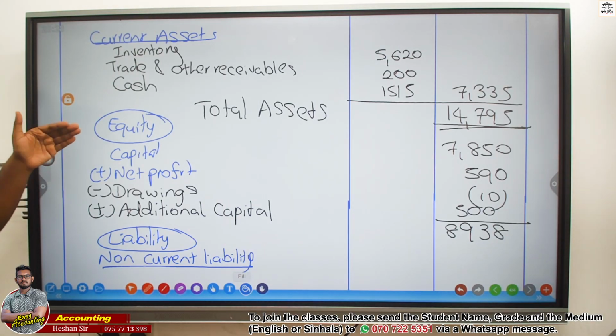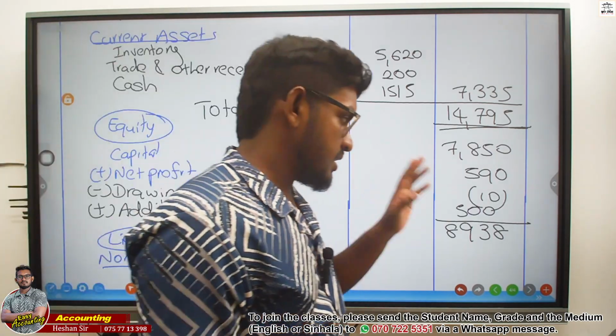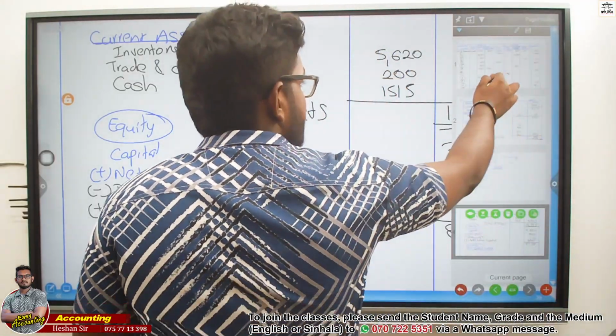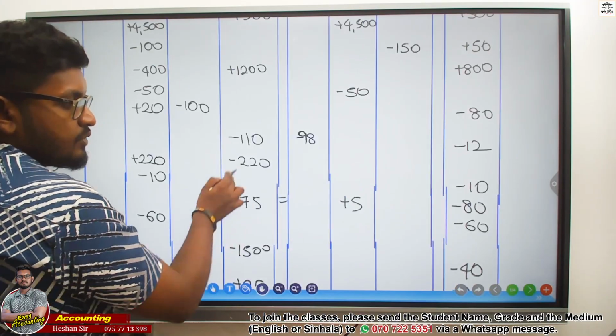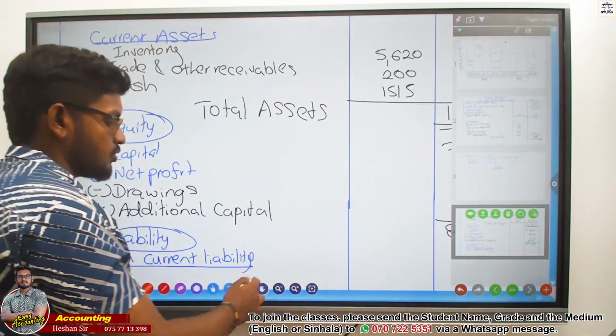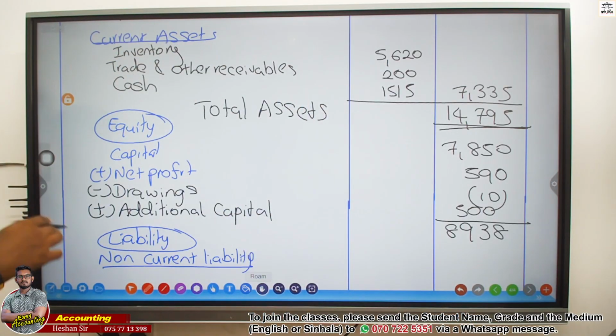To that we add the opening minus drawings and the additional capital. The answer in equity is 8,938, but we have simplified how it comes. Hope it's clear to you. Can you hear me, guys?